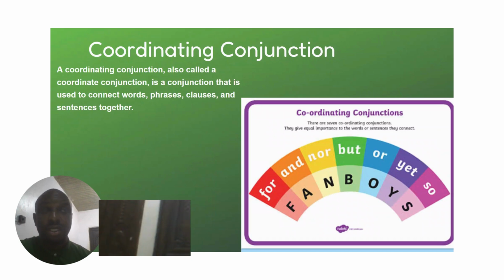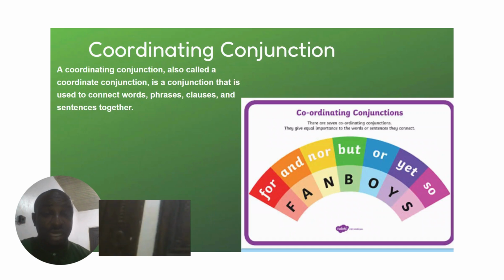There are seven of them. And the best acronym for them is FANBOYS: for, and, nor, but, or, yet, and so. With this acronym, you can easily understand and recall them.